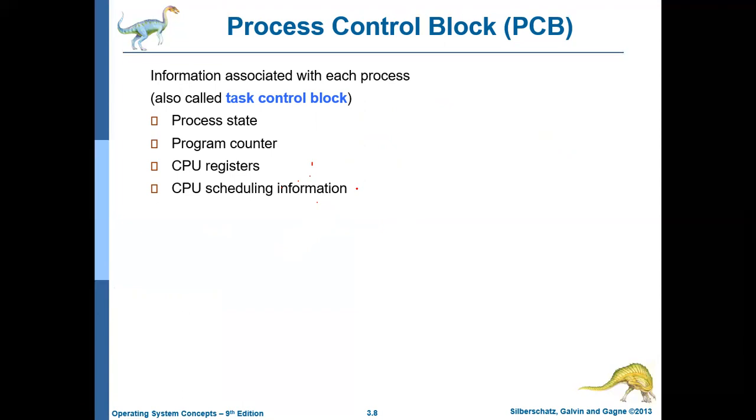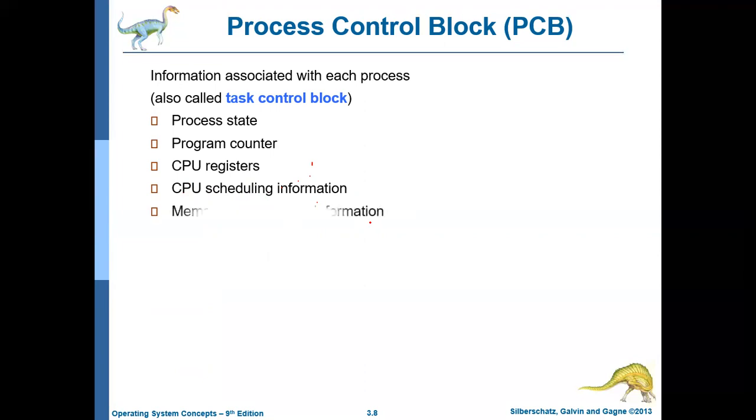So even though that process may be coming late, or it is available in the queue at a different location, not in the first location, it may be given priority to be executed first. So a process may have priority, and also there are different scheduling algorithms available, which we will be discussing in the coming classes. So what scheduling algorithm it is using, all those are part of CPU scheduling information.